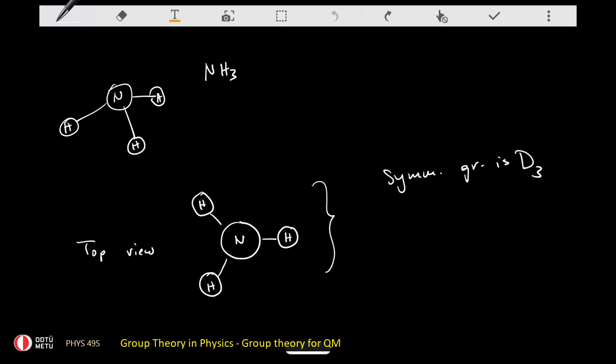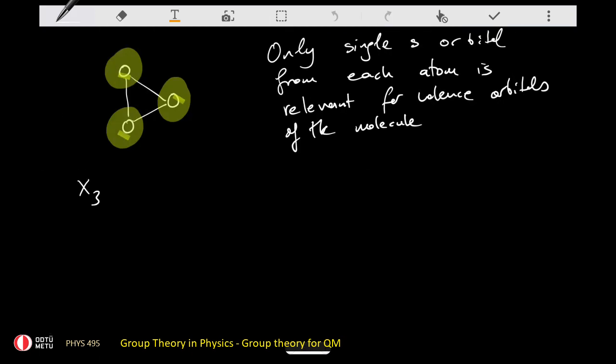But since this involves more orbitals coming from the nitrogen, it makes the problem a little bit higher dimensional and more complicated. So what I do is take a single 1s orbital from the hydrogen atom, or think of it as an arbitrary X3 molecule where an s orbital is contributed from each atom.